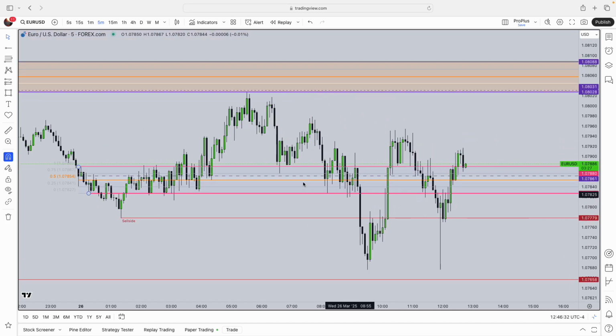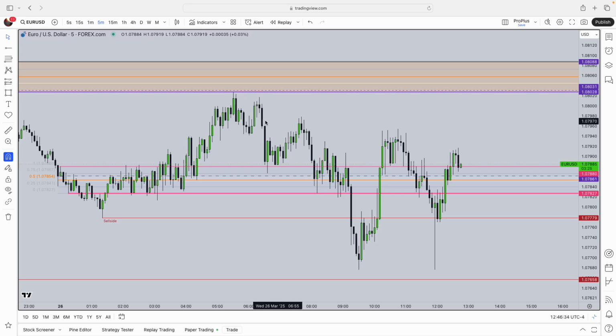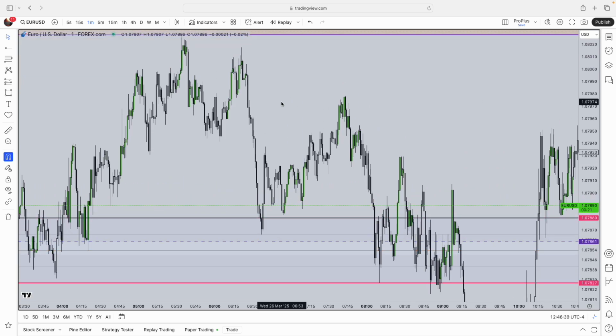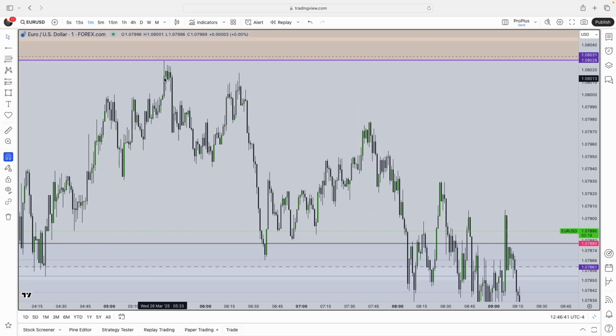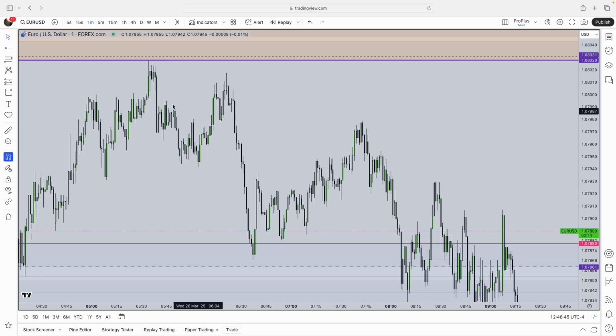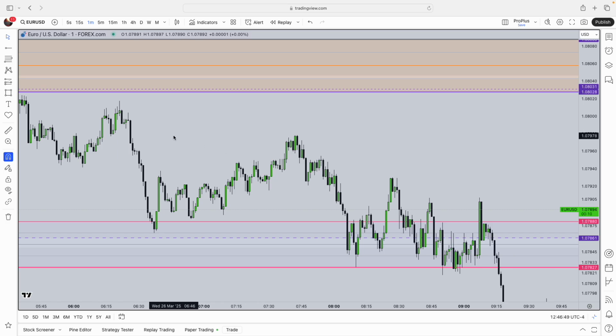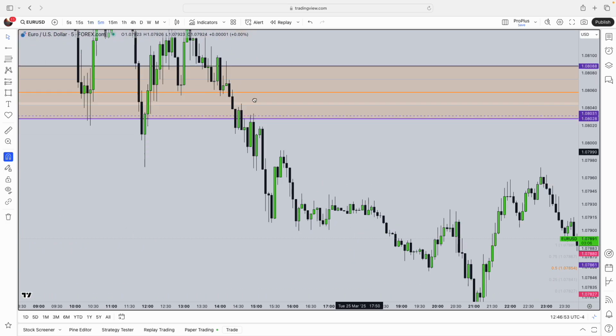For me, the only entry was here. So once we saw buy side got taken, order block rejected, inversion fair value gap, it then, where is it? So it pulled into the 5 minute here. Sorry, where's it gone?